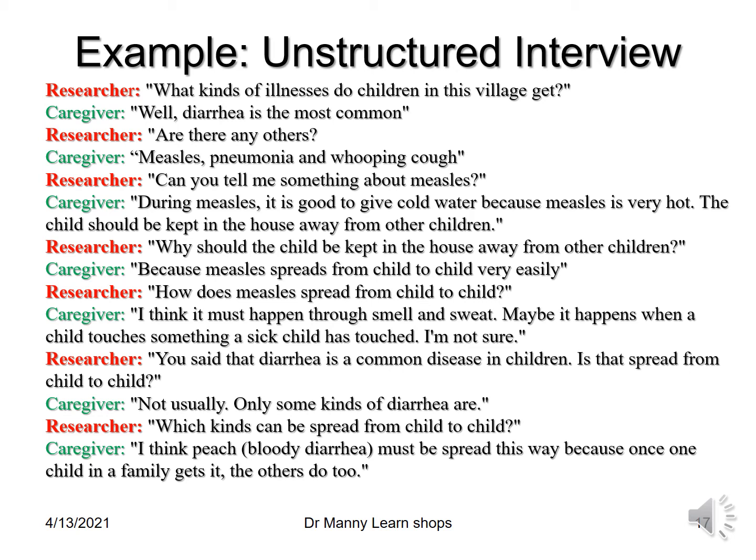The researcher then focuses on that response. Why should the child be kept in a house away from other children? The caregiver: Because measles spreads from child to child very easily, indicating that it's contagious.